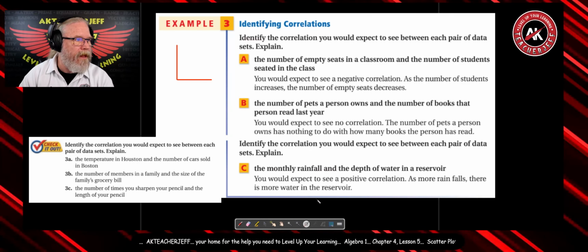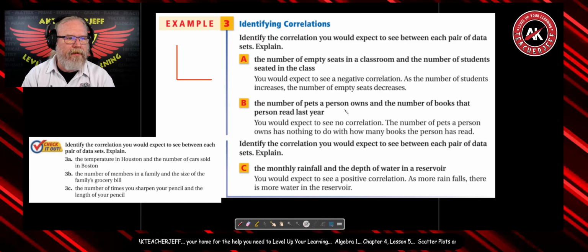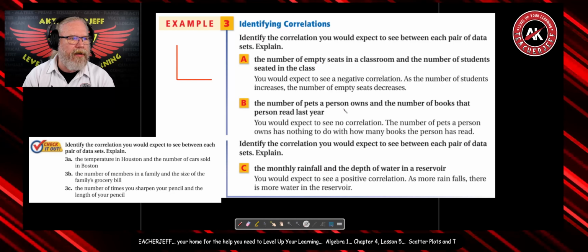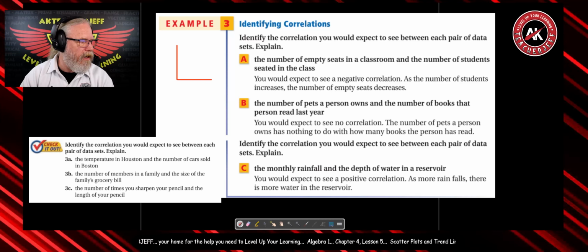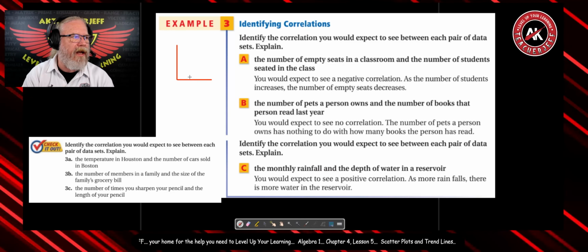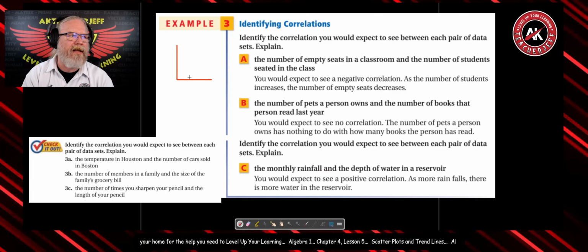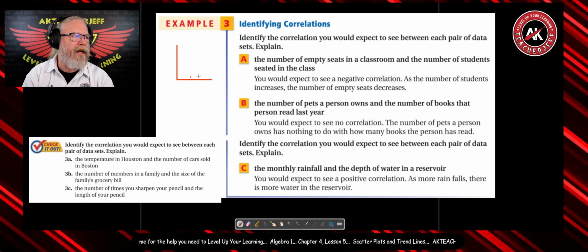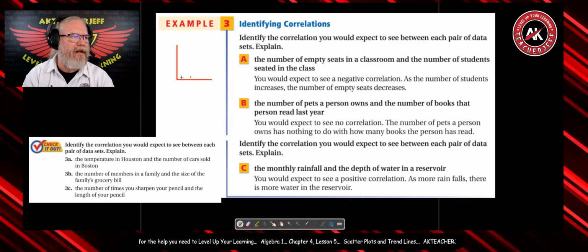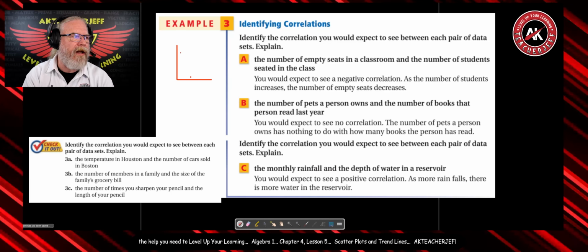There we go. B, the number of pets a person owns and the number of books that a person read last year. So they asked somebody, how many pets do you have? And they're like, I have 5 pets. And how many books did you read? I read like 2. Here, how many pets do you have? I have like 1 pet. How many books do you read? Oh, I read a lot. I'm up here.